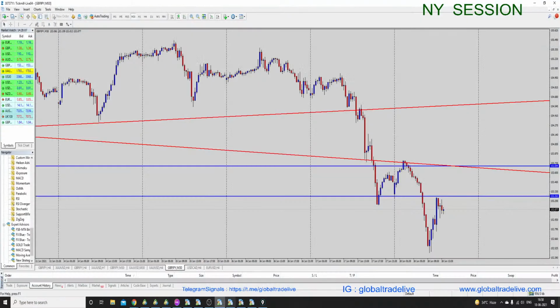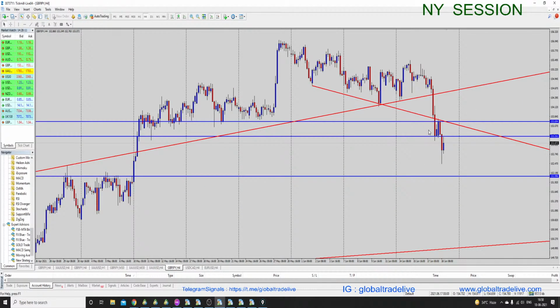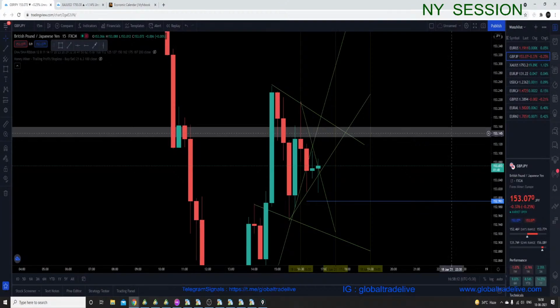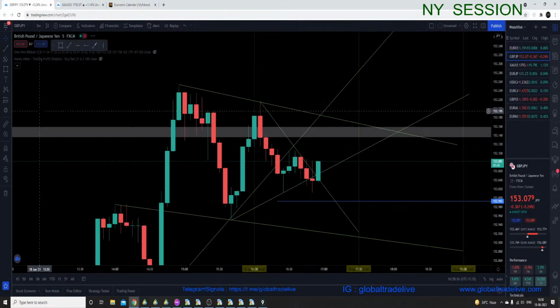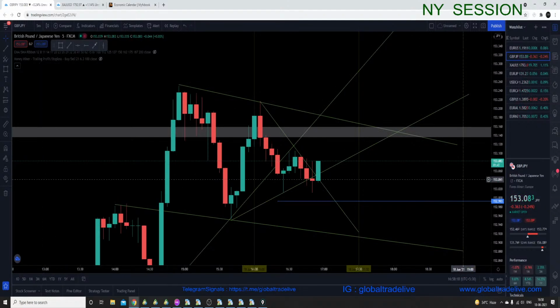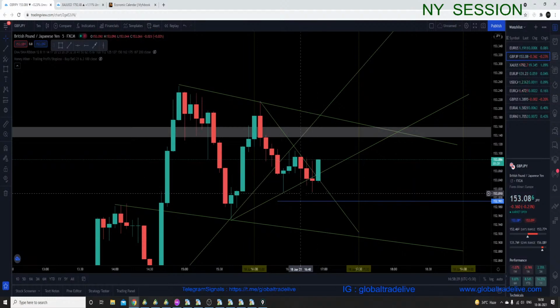My bias is sells for GBPJPY, so I'm just waiting here. This candle is about to close inside this zone over here. That means it's again changing direction. That means this move here will be a fake out, and then it can go up to this level.